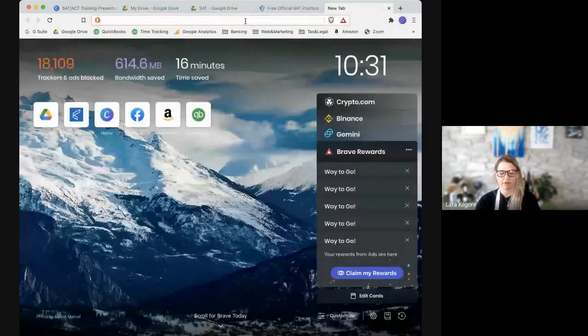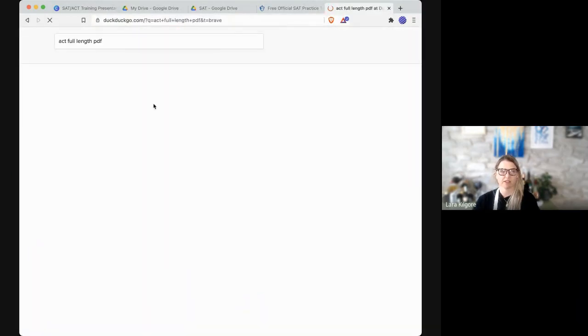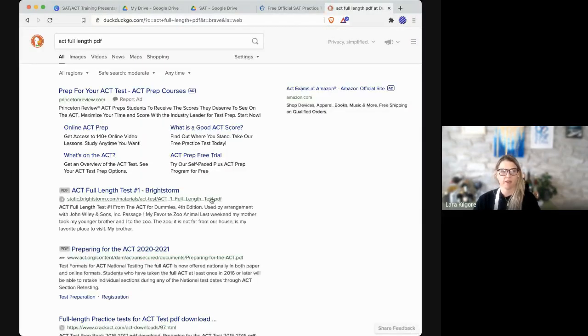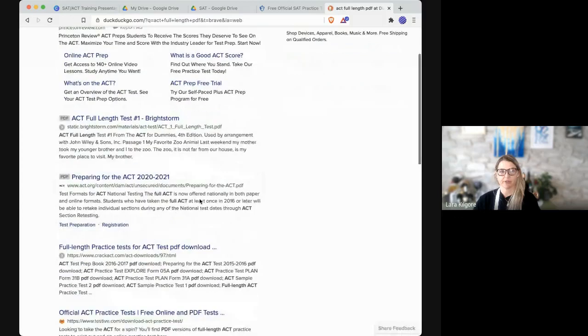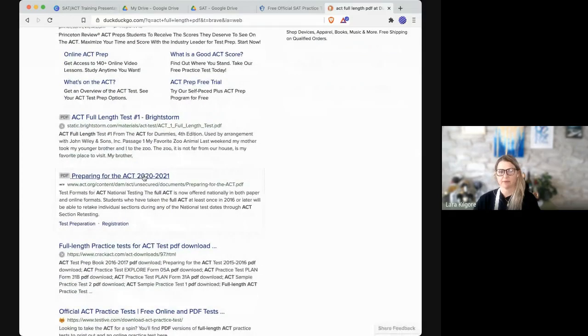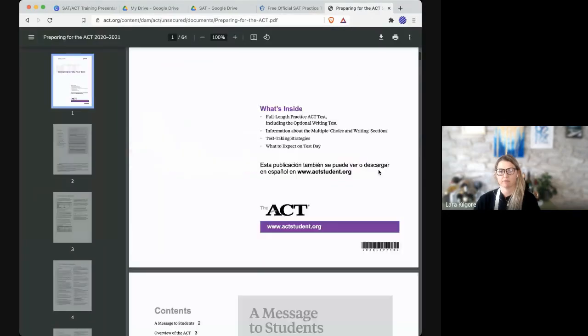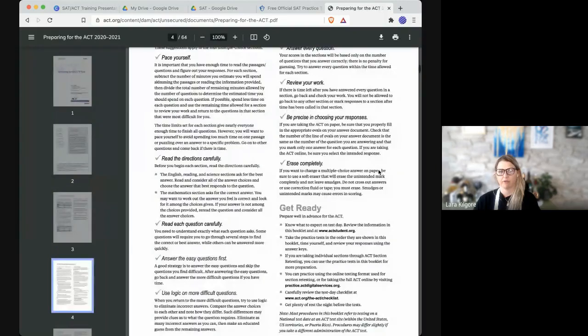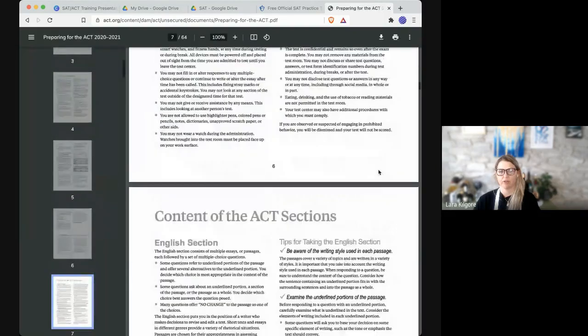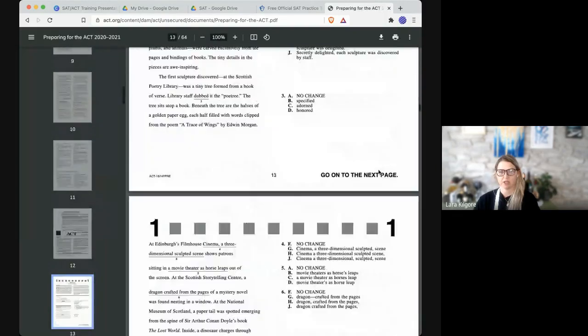If you ever get in a bind where there's any lapse, if you go ACT full length, and usually I'll put PDF, that'll get us there quicker. The ACT always posts a full length test, right? So this would be theirs. Now, they do a whole, here's what the test is, here's what it's testing on.